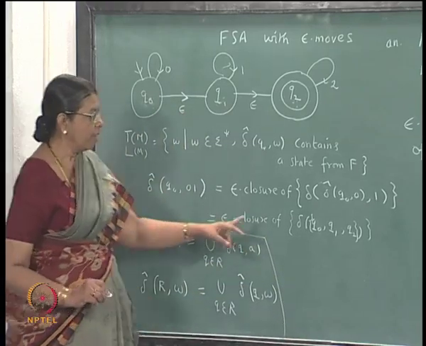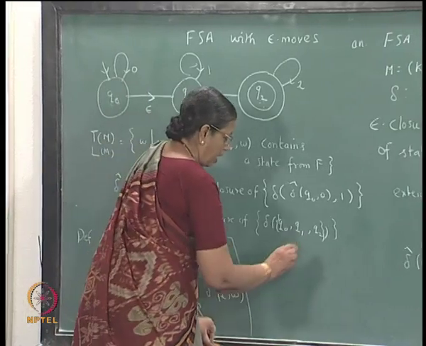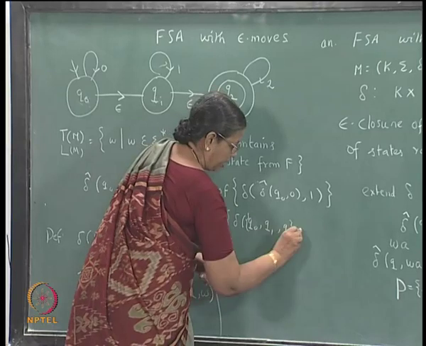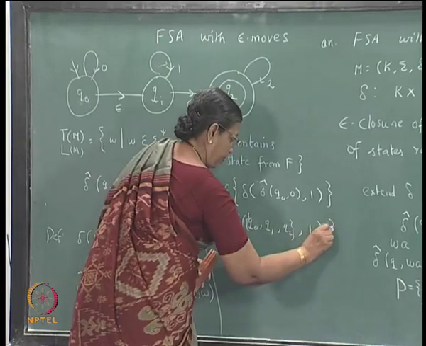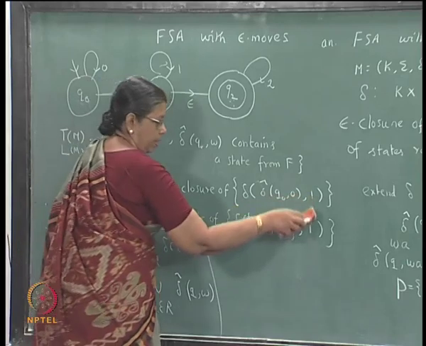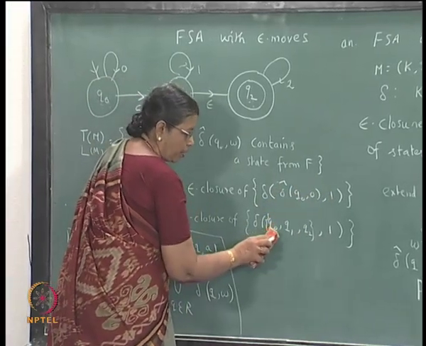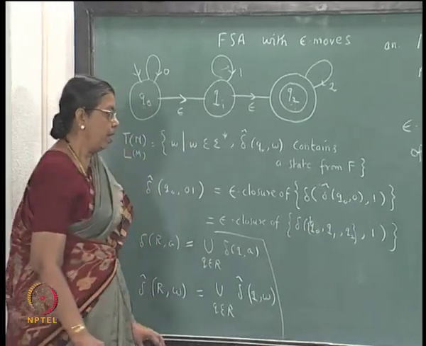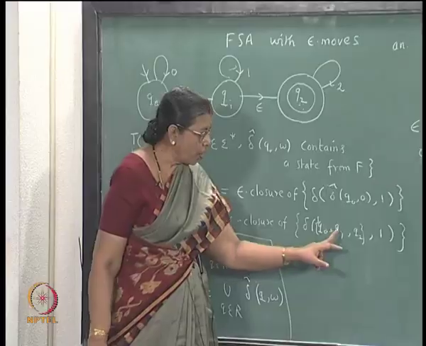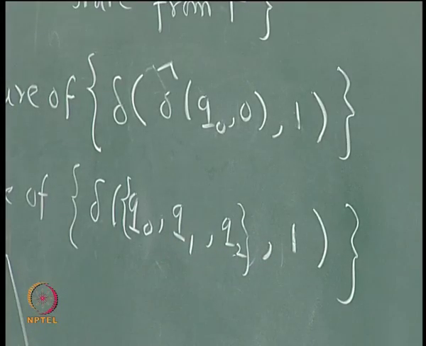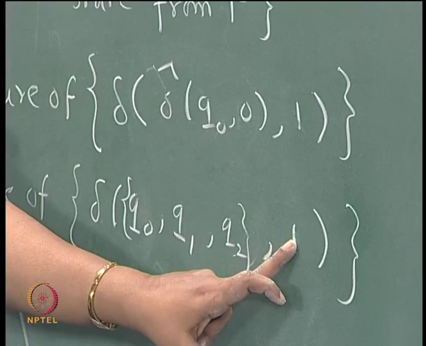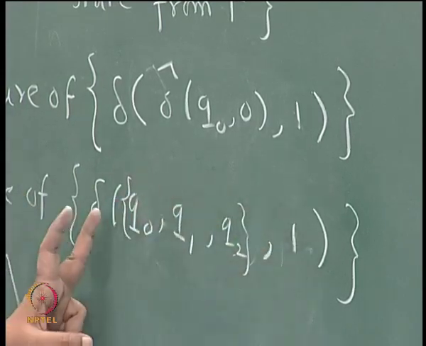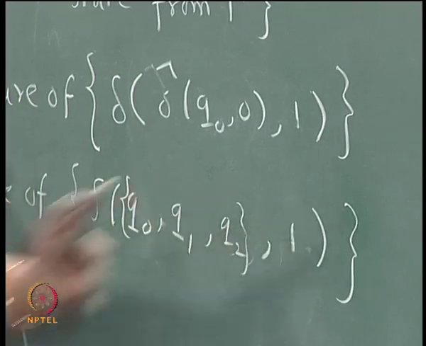Okay, using this definition, what is the epsilon closure of delta of, I forgot to write the 1 here. Delta cap q naught w is q naught q1 q2 and this one is here. So, what is delta of q naught q1 q2 1? It will be delta of q naught 1 union delta of q1 1 union delta of q2 1.